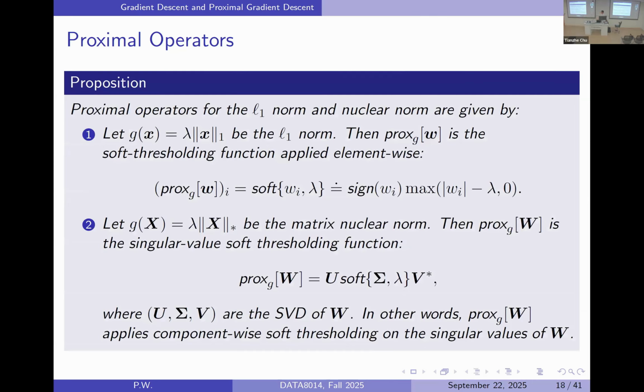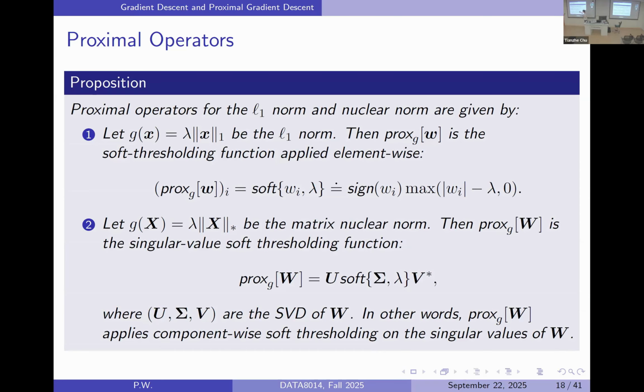Another typical case we consider is the matrix nuclear norm, which is a very typical non-smooth convex function. Using the definition of the proximal operator, you can show that it takes this form: a singular value soft thresholding.